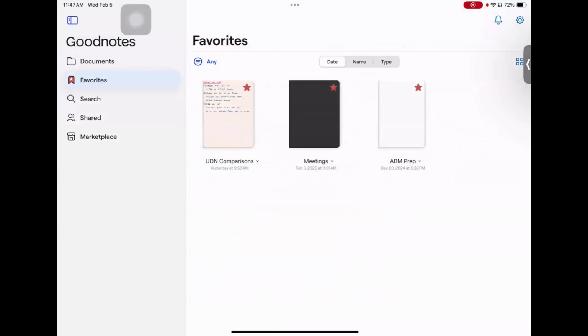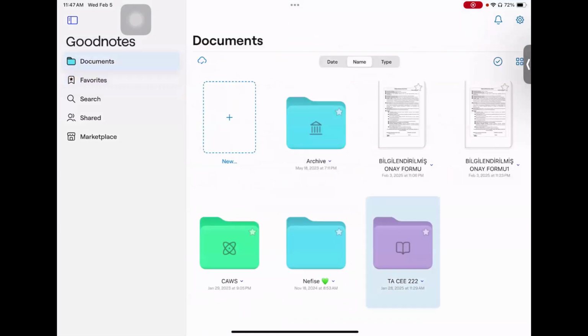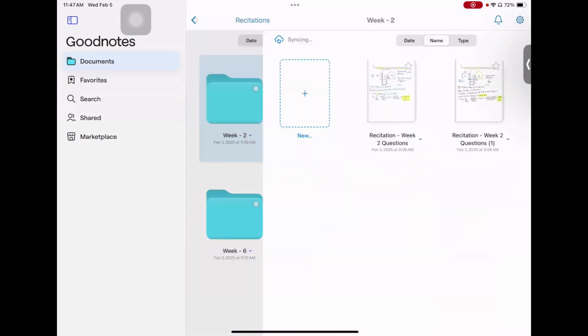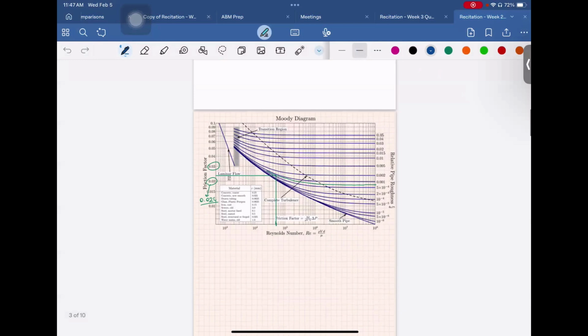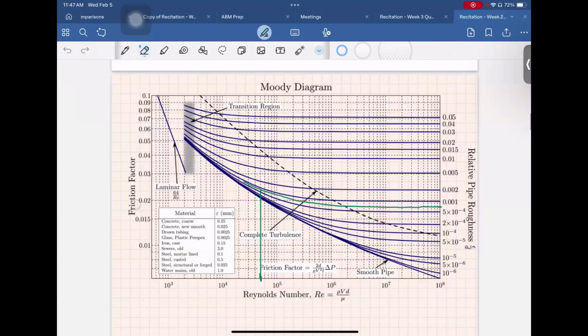And actually, I can show it here. So here we have e over D, which is 0.0015. So it will be around here. And since we assume that it is complete turbulence, we are going to follow this curve.